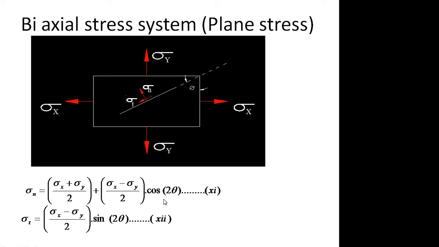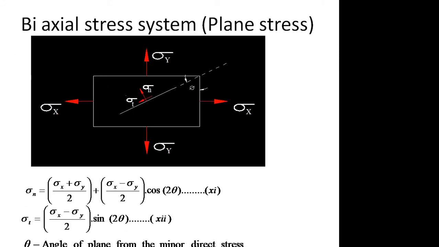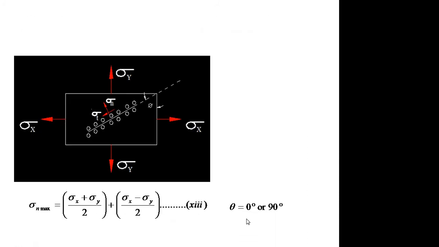So cos 2 theta will be maximum when theta is either 0 or 90, that is 2 theta has to be 0 or 180, right? Cos will be 1 at 0 and 180. So when theta is equal to 0, cos 0 is 1, and when theta is equal to 90, it becomes cos 2 into 90, that is cos 180, so again it is maximum. So sigma n will be maximum at theta equal to 0 or 90 degrees.